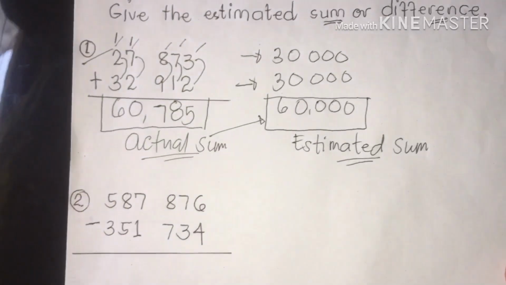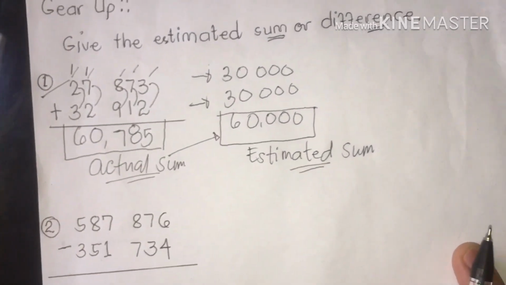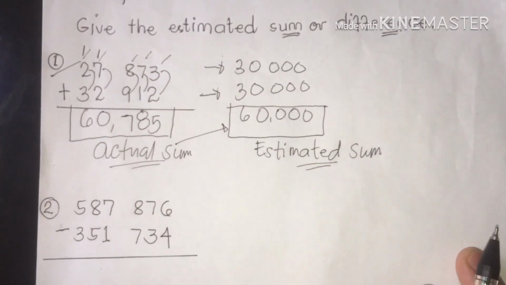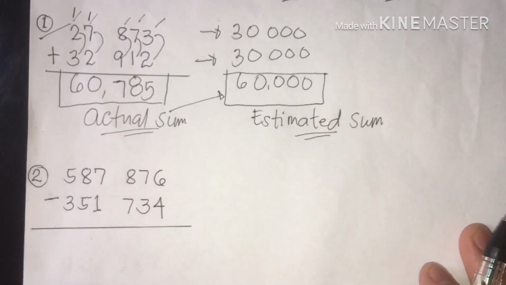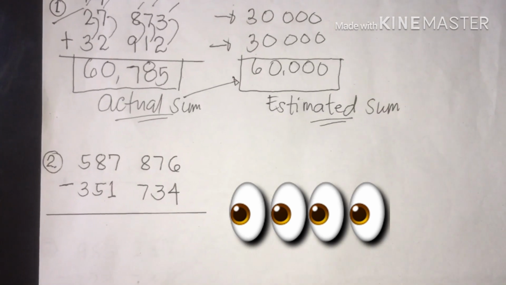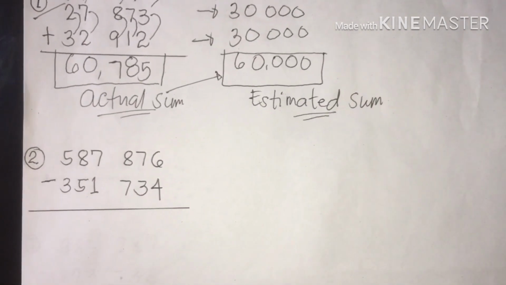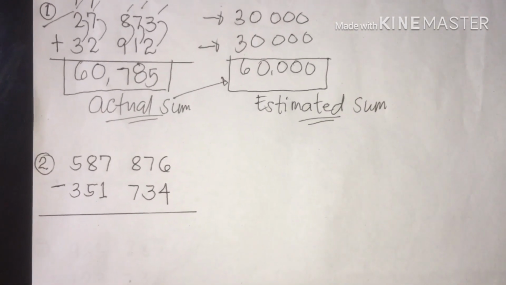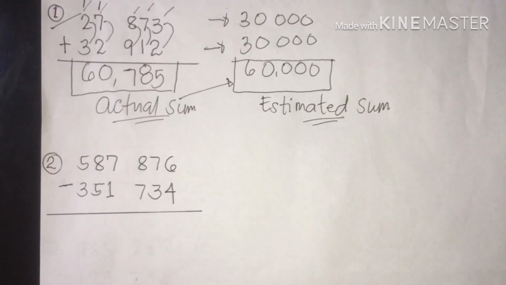Therefore, this is very useful and our answer is correct. That is how you are going to estimate. Remember, in rounding, the digits 5, 6, 7, 8, 9 round up. Then 0, 1, 2, 3, 4 round down.